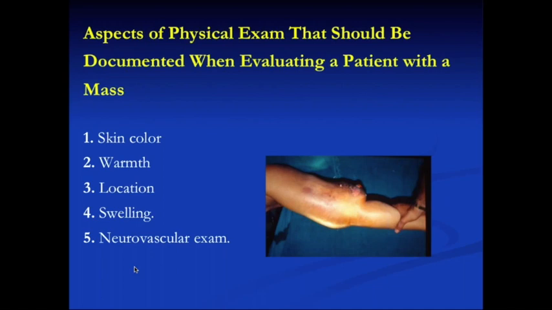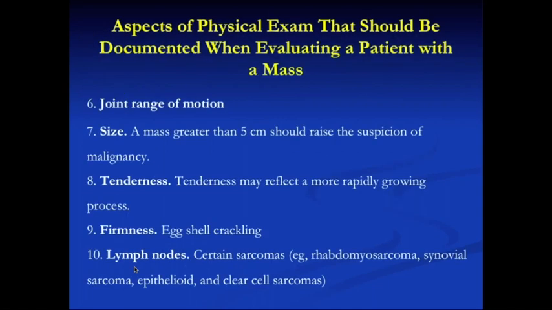The range of movement of the joint: tumors would invariably spare the joint movement. The size: with a large tumor, you're suspicious about malignancy unless that large mass has been there for ages. Tenderness may reflect a more rapidly growing process. Eggshell crackling on palpation is classical with giant cell tumor.